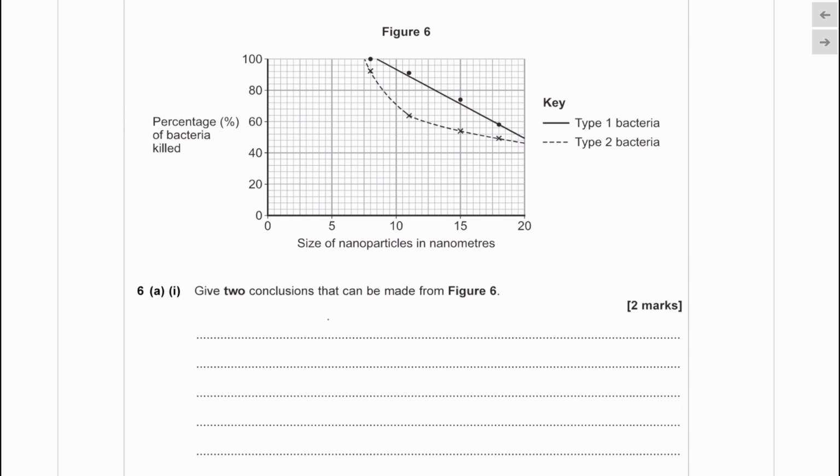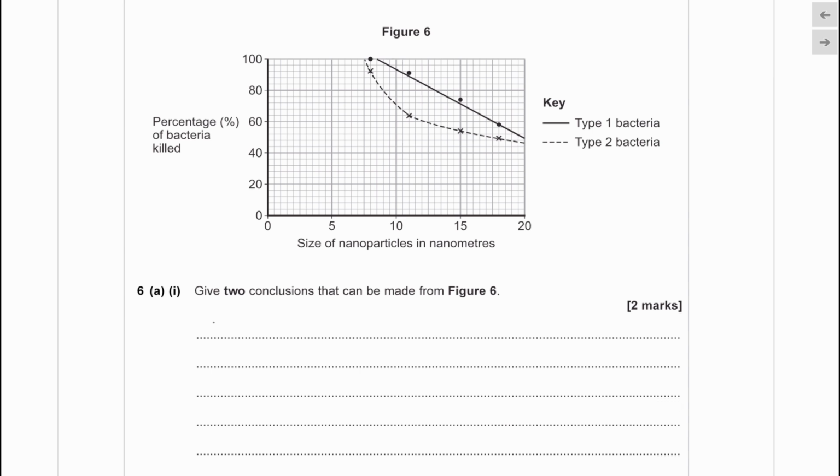Well, there are many answers to this. We can basically take our pick out of quite a large range of answers. The first one I'm going to say is, if we have a look at the graph up here, at type 1 bacteria, which are the dots, and type 2 bacteria, which are the crosses. Well, at every single size of nanoparticle that we have on this graph, after this graph it may carry on that trend or it may actually change. But at the moment on this graph, we can see that all of the type 1 bacteria are more susceptible to these nanoparticles than the type 2.